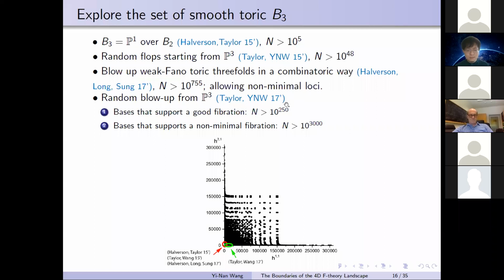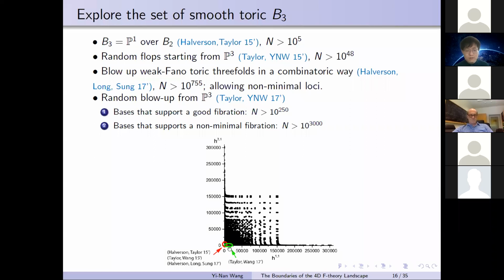After that, me and Wattie have also done a different random blow-up approach, which further increases this lower bound to an even bigger number. But now it's important to remark that actually for all the geometries appearing in those scans, they lie in a very restricted corner of the whole landscape of Calabi-Yau fourfolds.